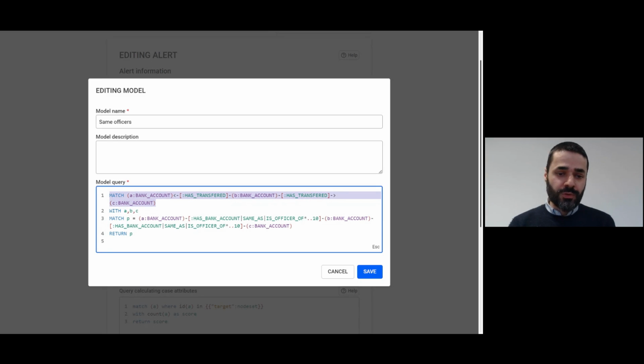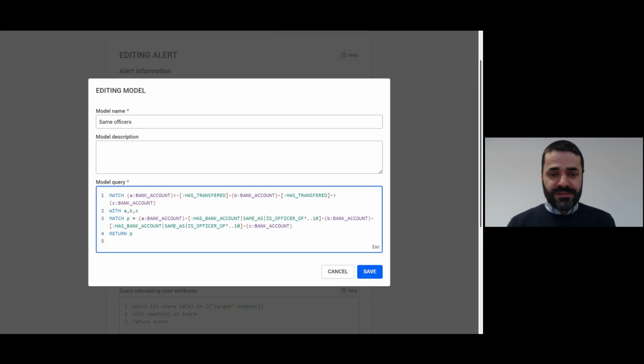And then what we want to identify is when all of these bank accounts are actually interconnected across relationships such as the fact that the officers of the company are actually employed and working in the same companies.